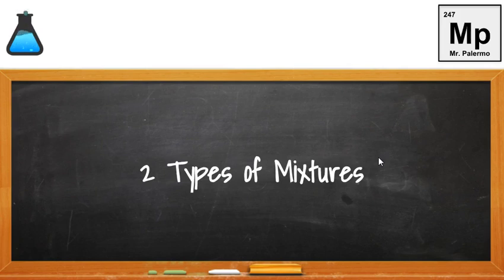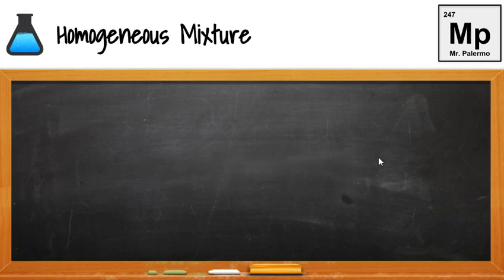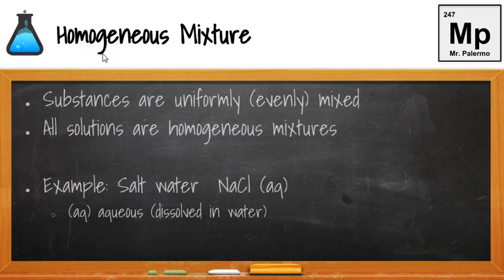There are 2 types of mixtures. We have the homogeneous mixture. Homo means same. These are substances that are uniformly or evenly mixed in the sample. So all solutions, anything you dissolve in water, for example, are homogeneous mixtures. So for example, if I take salt and put it in water, I make salt water.